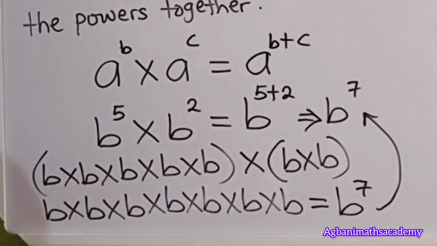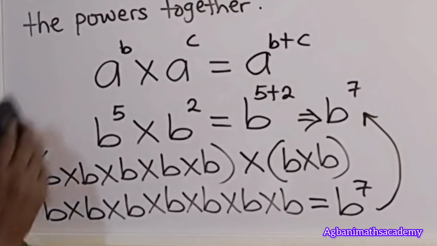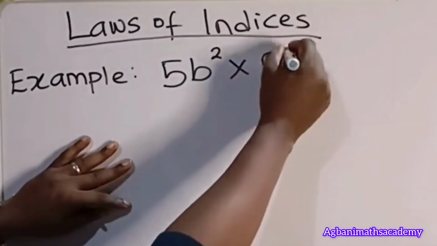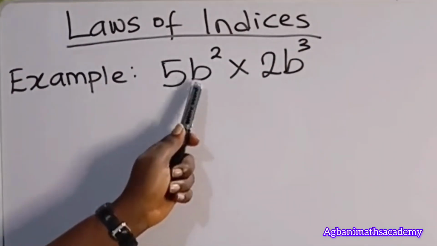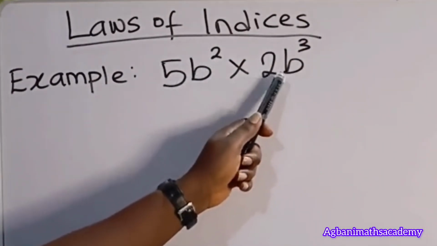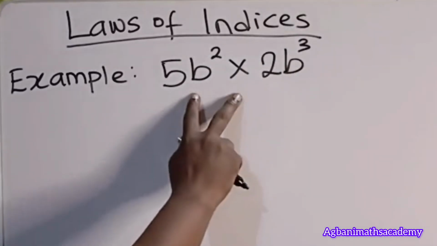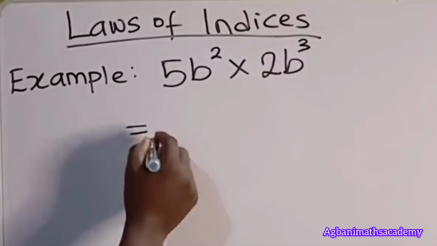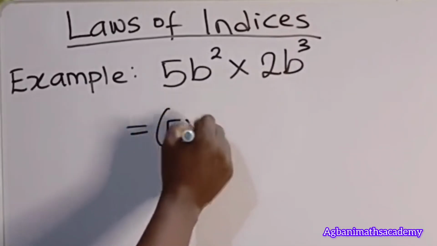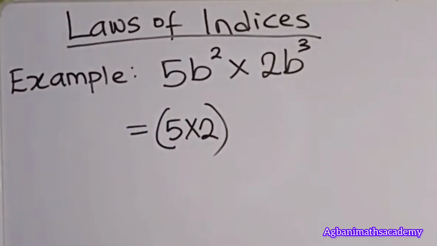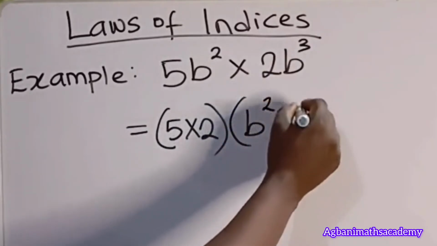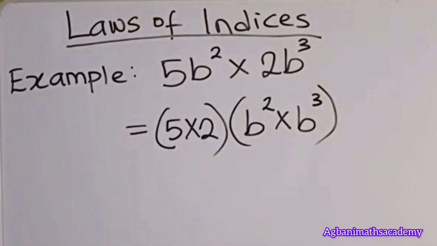So let's look at some examples. So 5b to the power of 2 multiplied by 2b to the power of 3. So what I normally do is I bring the numbers together. So I have 5 multiplied by 2 in one bracket, and then I have b to the power of 2 multiplied by b to the power of 3 in the other bracket to make the work easy.